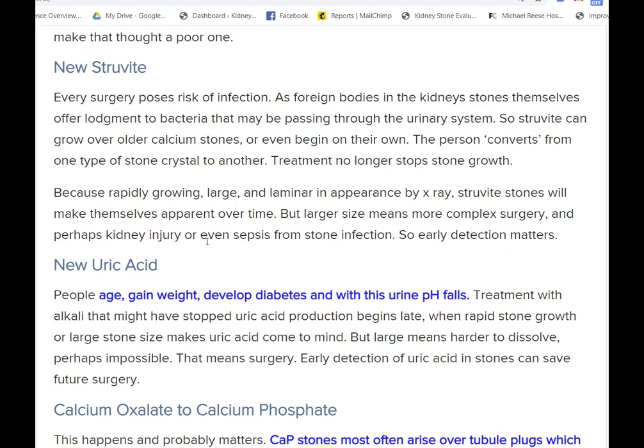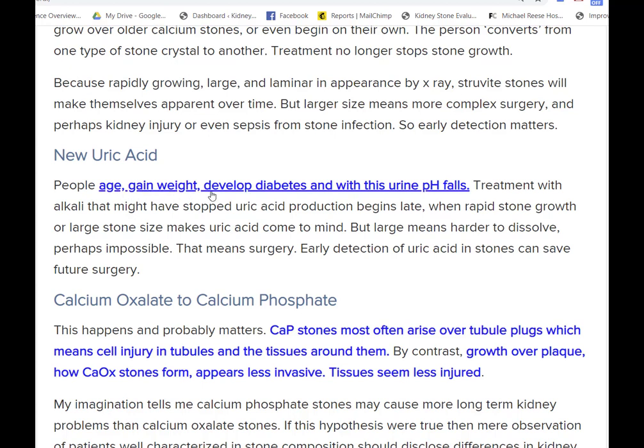Why guess? As you get older, gain weight, get diabetic, the urine can become acidic, and uric acid can form. Uric acid stones require highly specific treatment. I told you that at the beginning of this article. And it's a different treatment from all other stones.